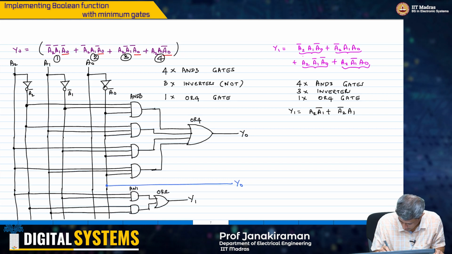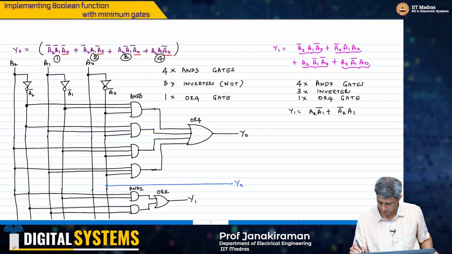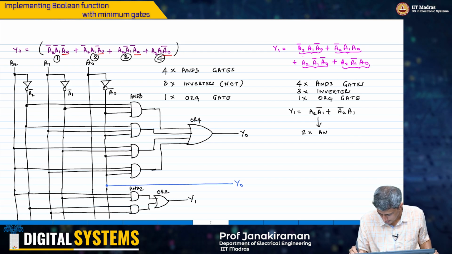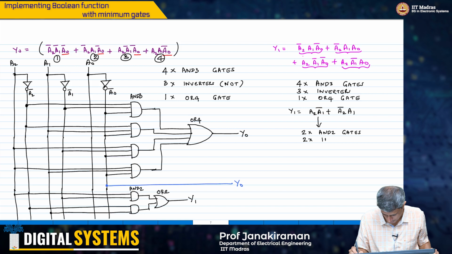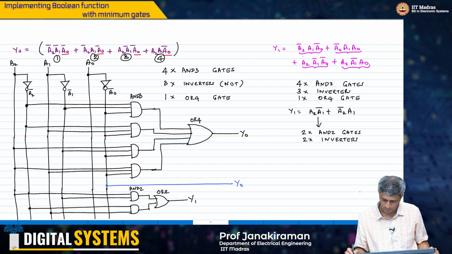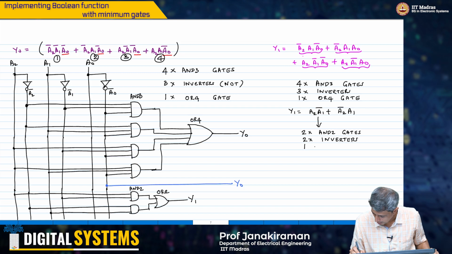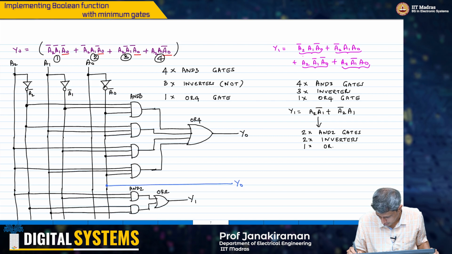This implementation needed two AND 2 gates, and of course two inverters to get A2 bar and A1 bar, and one 2 input OR gate.